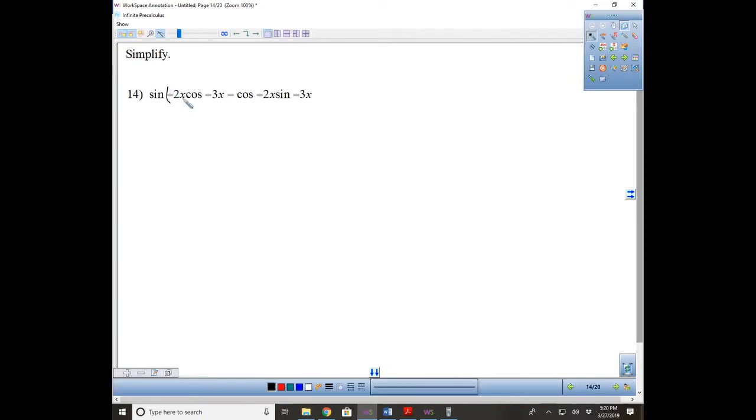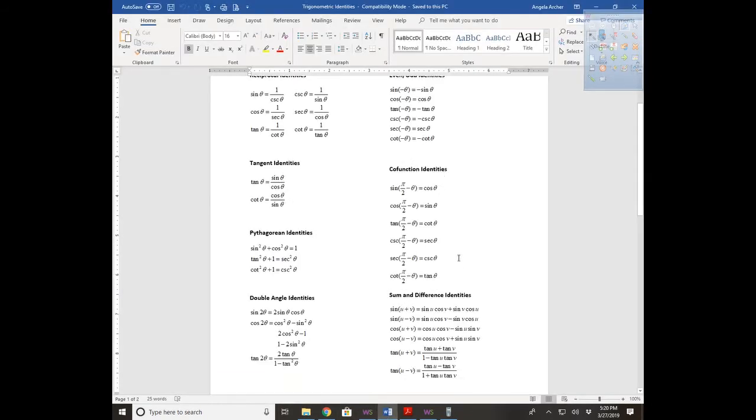Same thing on this one. Make that your u, make that your v, and you have sine u cosine v minus cosine u sine v. So you just match that up.